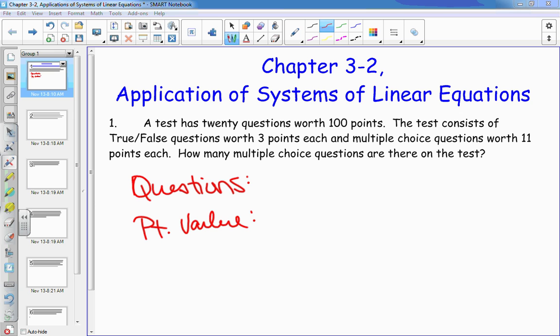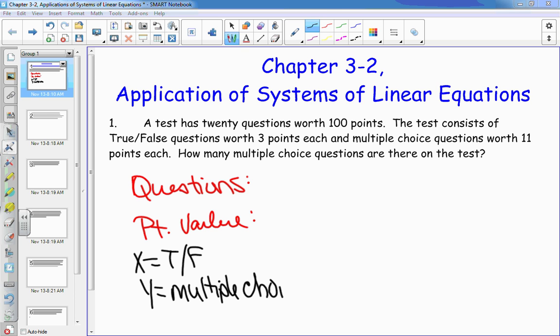So what were the 2 subjects that we've talked about every time with both of those equations? True and false and multiple choice. So we're going to let X be our true and false questions, and we're going to let Y be our multiple choice questions. I know this is going to sound really stupid, but this is exactly the way I teach it.